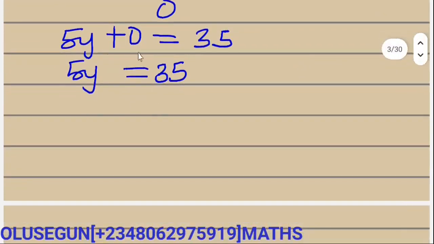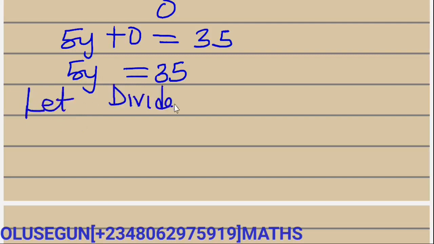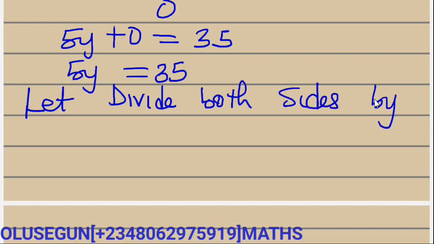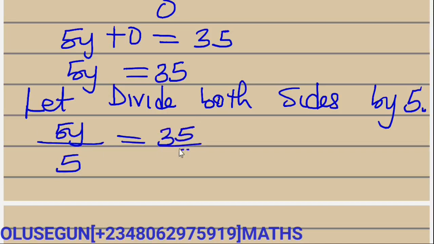So here also, for getting the value of y, what you need to do is divide both sides by 5. In dividing both sides by 5, we have 5y divided by 5 is equal to 35 divided by 5.